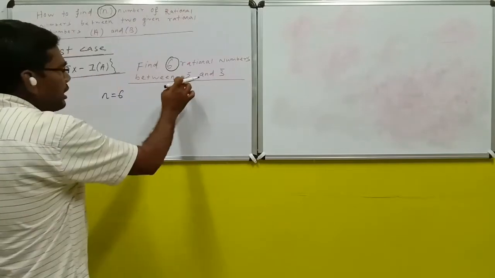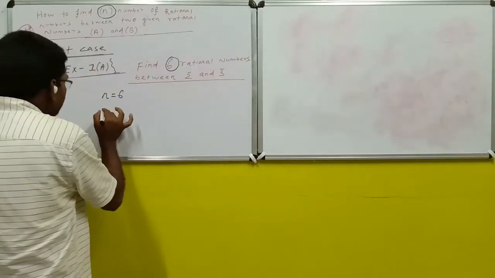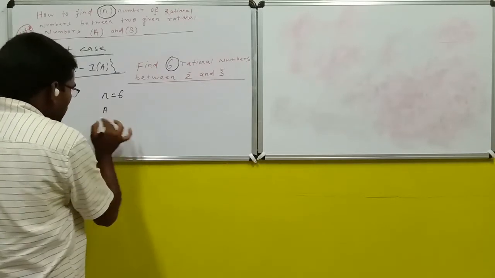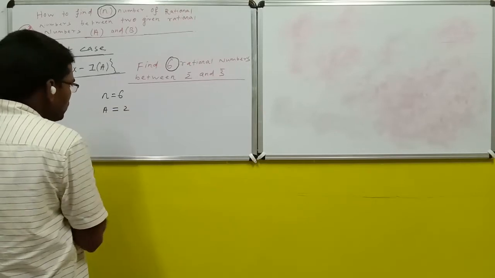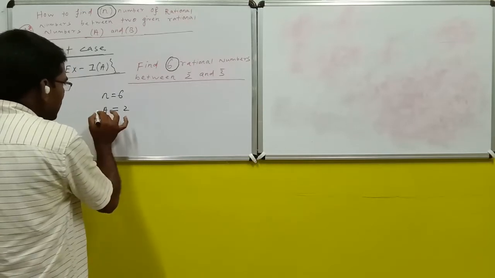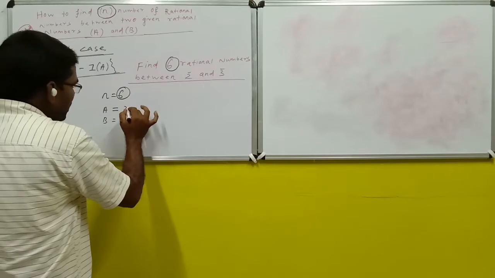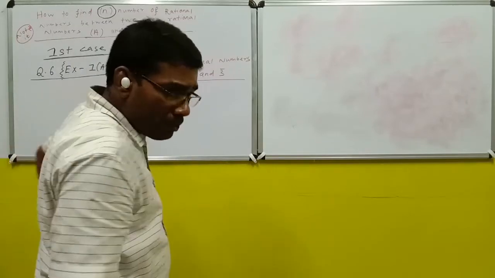And your given rational numbers are 2 and 3. It means as per the rule, the value of a equals 2, the value of b equals 3. And you want to find out 6 rational numbers between your given rational numbers 2 and 3. So what is the procedure?